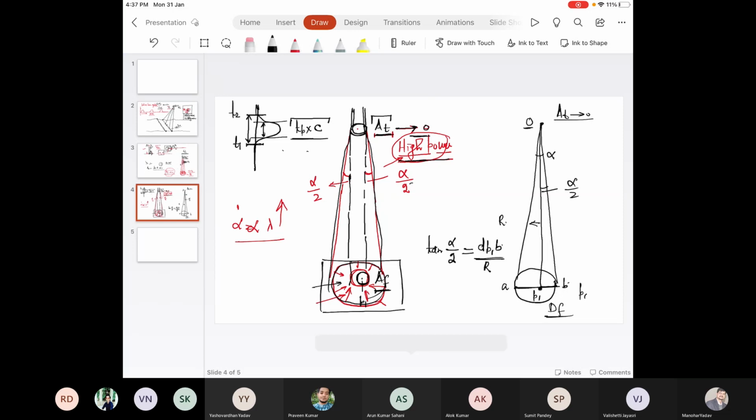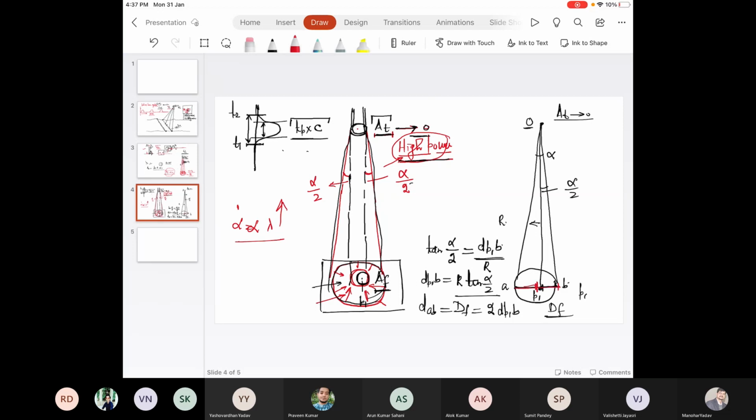So P1B is equal to R tan alpha by 2. And we know that the distance AB, which is equal to the diameter DF, is equal to 2 times P1B, because this distance is equal to this distance.